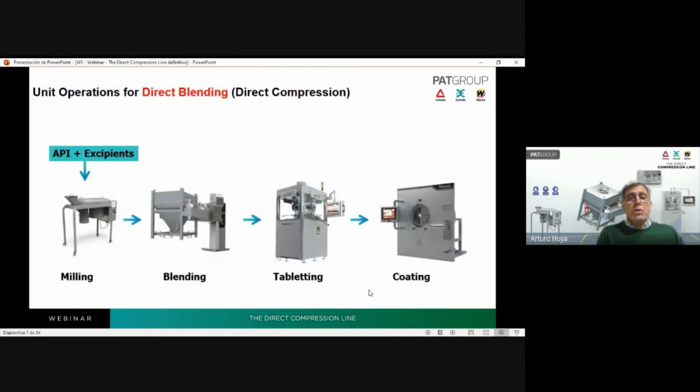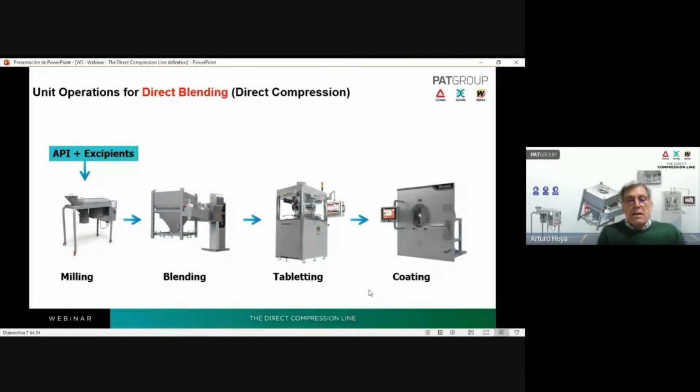Now I want to show you the complete line of direct blending, direct compression. These are four pieces of equipment, four machines, in order to produce by direct blending. The API and excipients are milled by the conical mill in order to break the lumps, the aggregates, and then added to the blender.